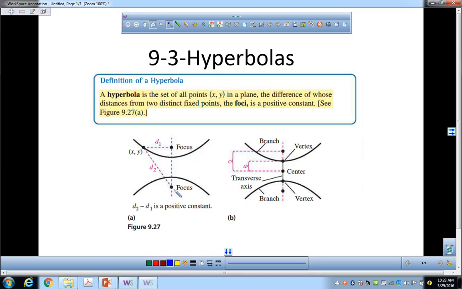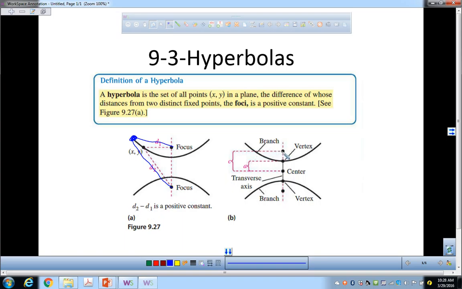So you subtract the distances from two fixed points, called the foci, and if I subtract those two distances, I end up with a point on my hyperbola. For instance, if I go from here to here and subtract the distance from here to here, that's how I come up with this point on the hyperbola. It's kind of weird because it's not as straightforward as an ellipse. d2 minus d1 is a positive constant.